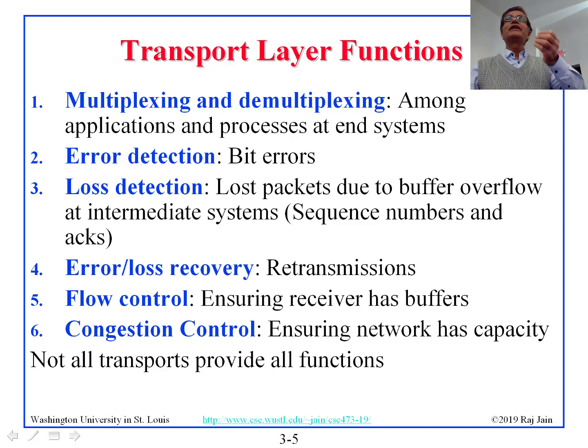Who controls the flow in the congestion control? The network, the intermediate systems, not the end system. Because congestion is different from flow control. Actually, before my time, people thought they are the same, and the flow control was handled exactly the same way as congestion control.